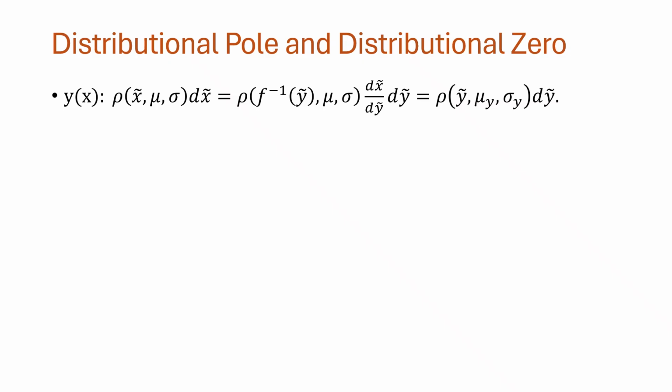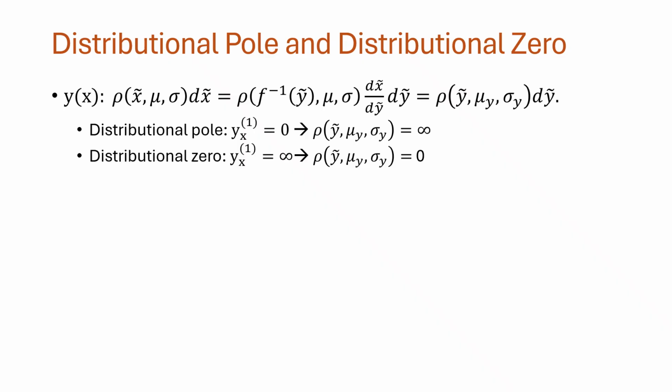Here is the standard formula. The distribution pole happens when the first derivative of y with respect to x equals 0. That means the density function goes to infinity. Distribution zero happens when the first derivative of y with respect to x is infinity, and the distribution density function of y goes to 0.